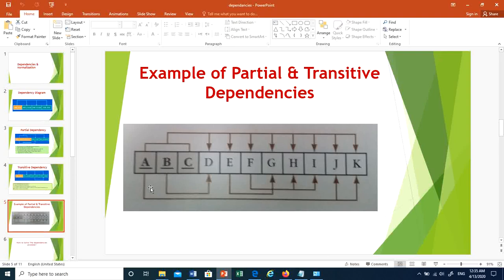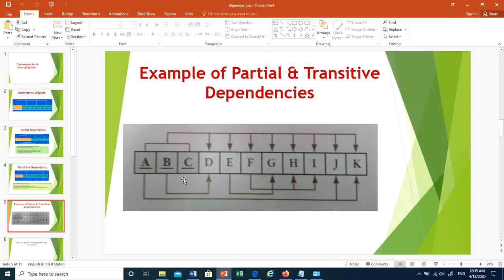The partial dependencies are these. Attribute A, which is part of the key, can determine both J and K. So J and K are now dependent on A. In other words, A determines these two, J and K.